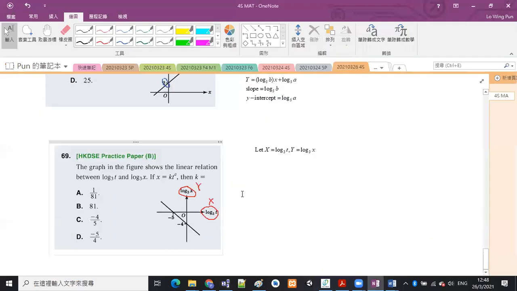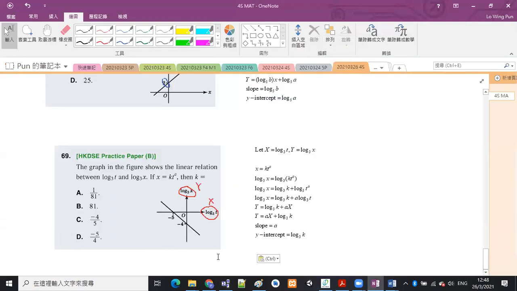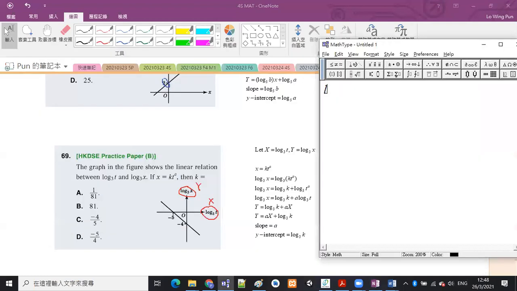And this is what we have got from the equation. And then from the graph, we know that the y-intercept is equal to -4. So I will put my y-intercept to be equal to -4. Okay, so log k base 3 is equal to -4.